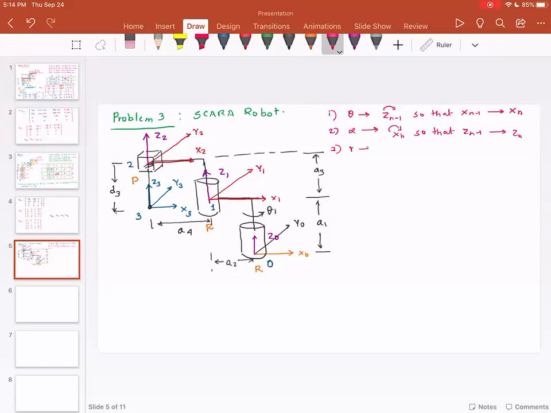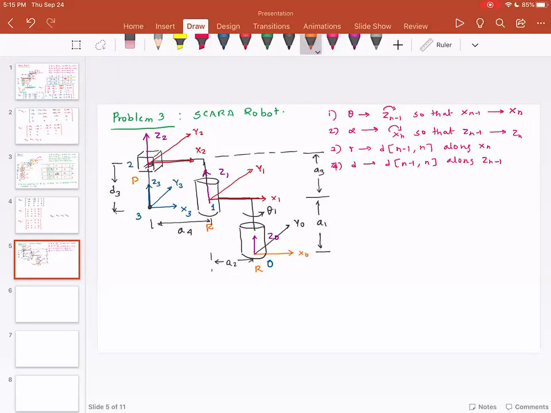R is the distance between n minus 1 and n along Xn, and D is the distance between n minus 1 and n along Zn minus 1. These are the 4 rules.